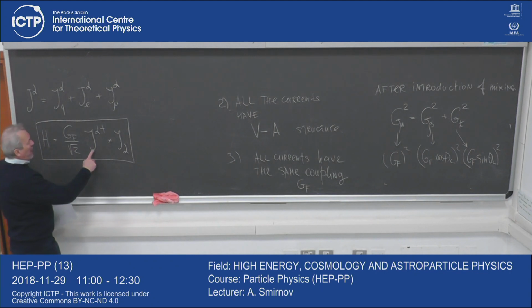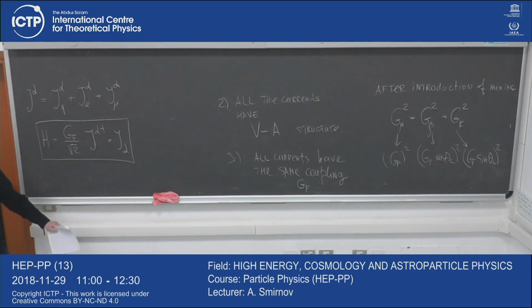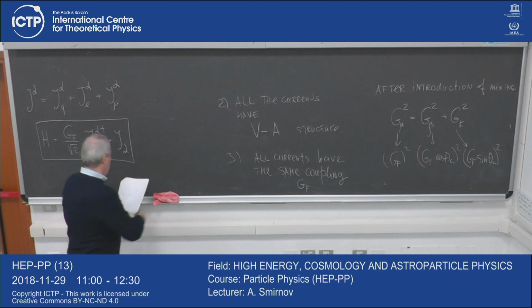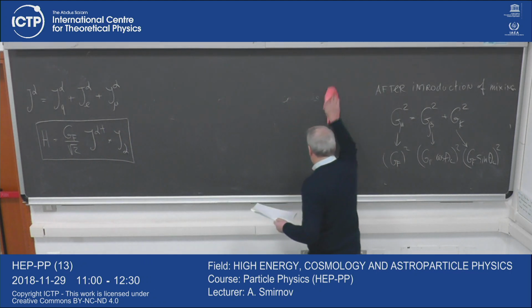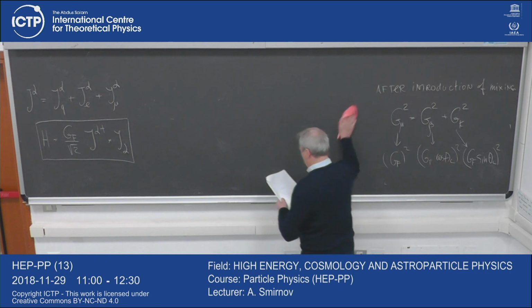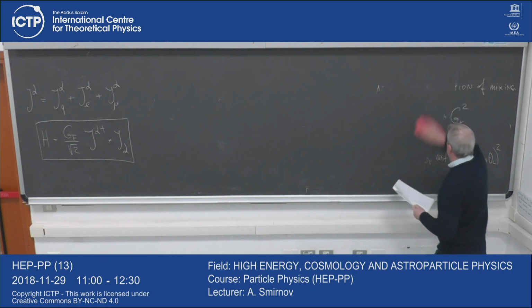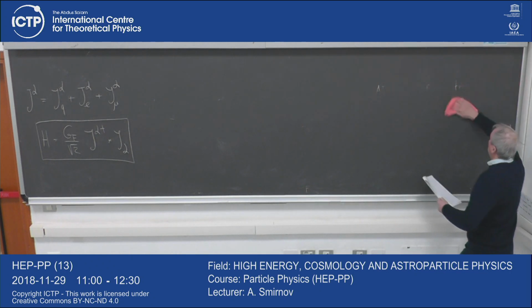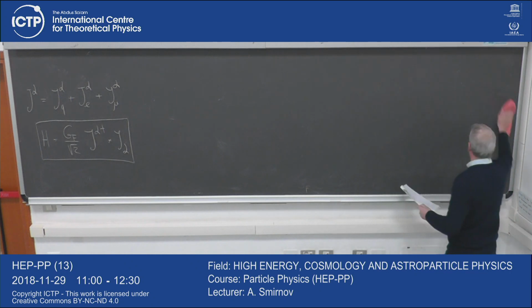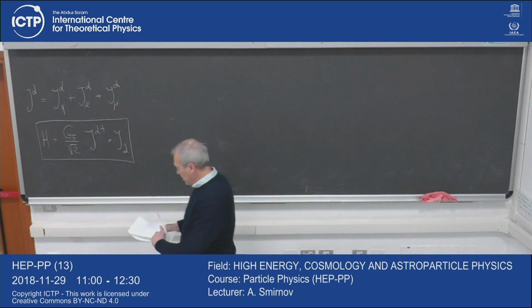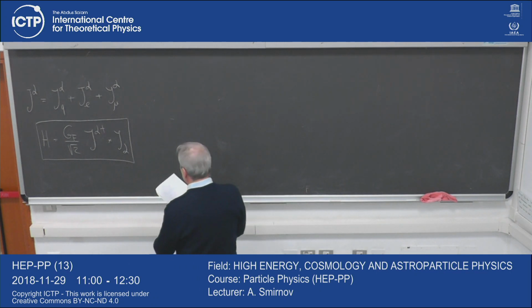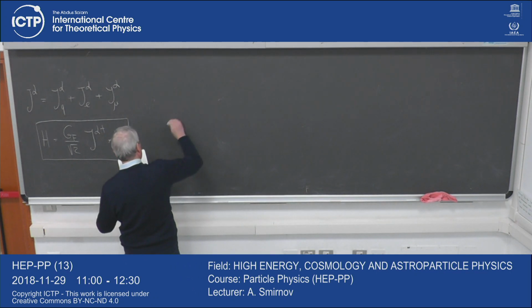So we have 3 terms here and 3 terms here, and so we have 9 different products which describe different processes. Well, actually less, because some are kind of redundant. But before this, let me also write the following diagram.